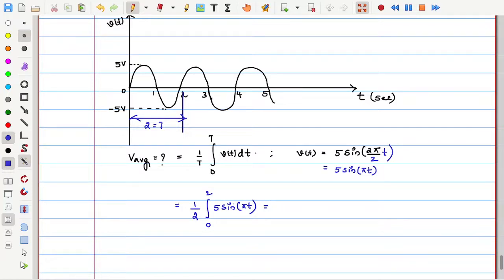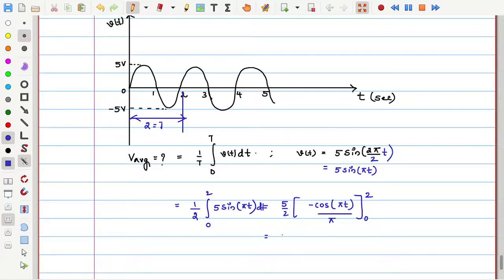Even if you want, you can verify by this integration. So what is the sine integration? Minus cos pi t. But we did the integration with respect to time, so pi is there, so divided by pi. What are the limits? 0 to 2.